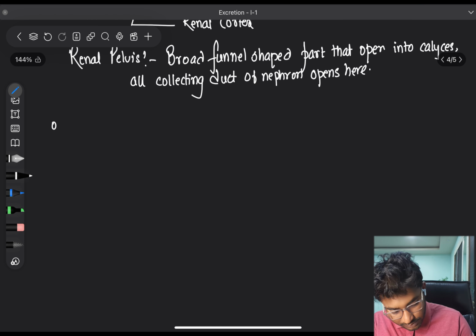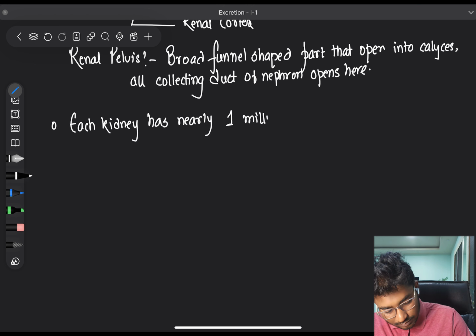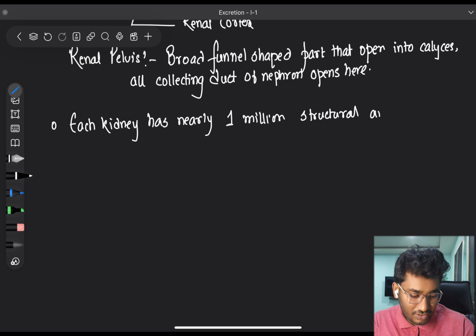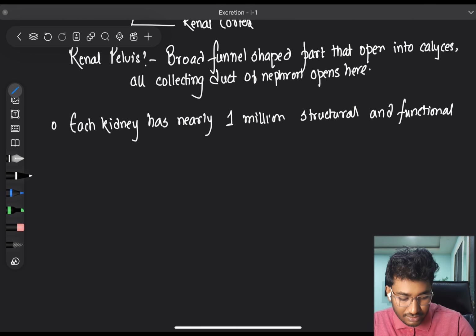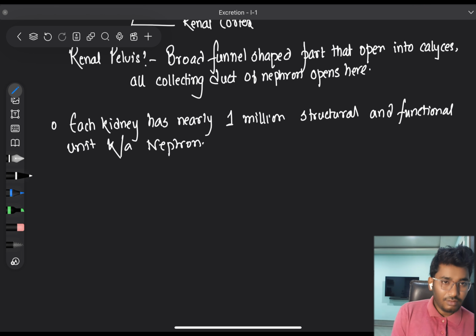Okay. Each kidney has nearly 1 million structural and functional units called nephrons.